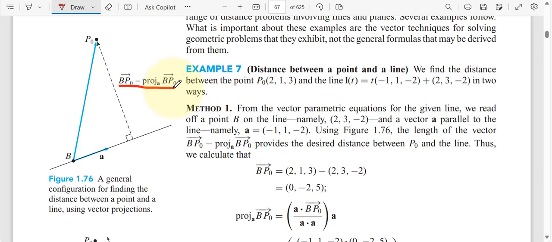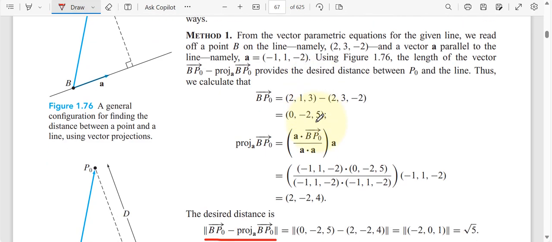So it's here, but this could be positive or negative, but we take the magnitude of it. This is actually, I guess, the vector that connects these two, and then we take the magnitude of it, and we get the length. So you can go through this. This is a good example to check.